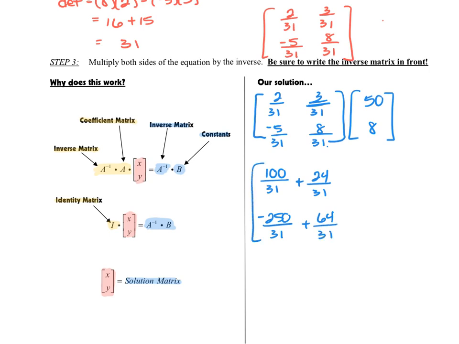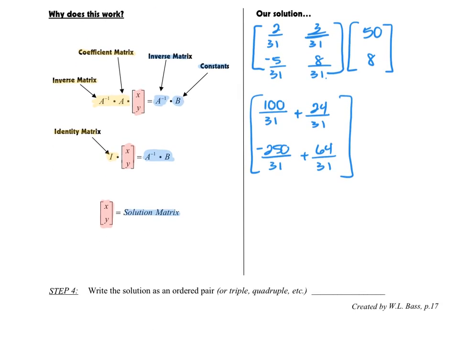And you'll notice we already have our nice common denominators, so that makes our life a little bit easier. So when I add those together, my 100 over 31 plus my 24 over 31 simplifies very nicely down to a 4. My -250 over 31 plus my 64 over 31 is going to simplify very nicely down to a -6.